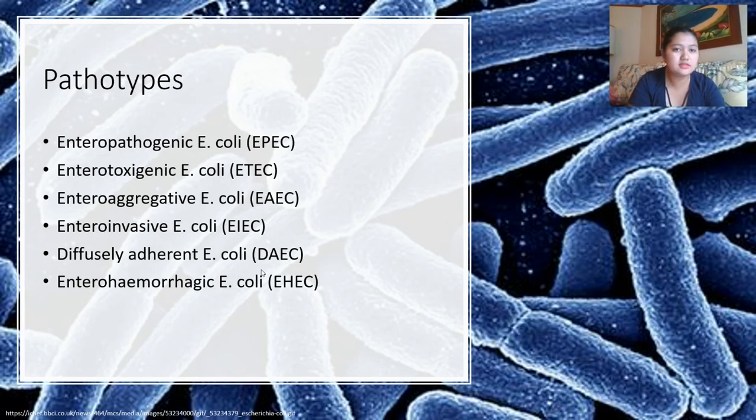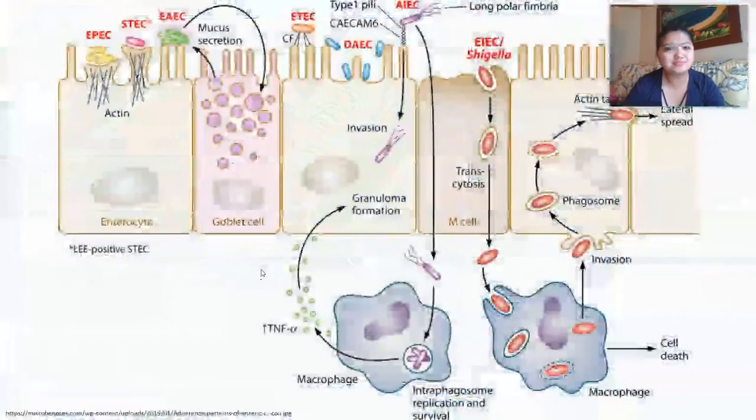But in the case of the pathogenic E. coli, that's the one that can get you sick. If you've ever had food poisoning, that could be E. coli related. So let's take a look at the differences between these six pathotypes.